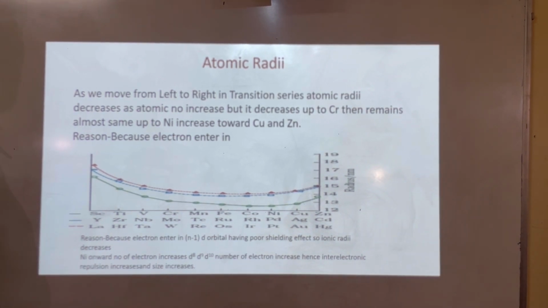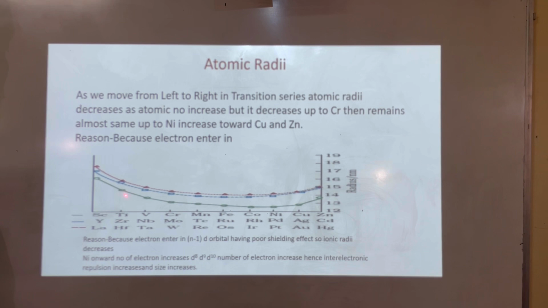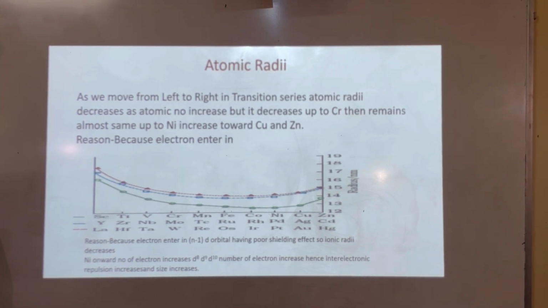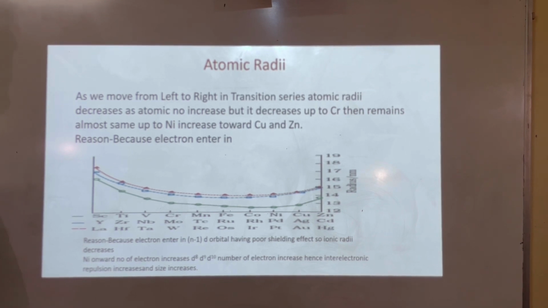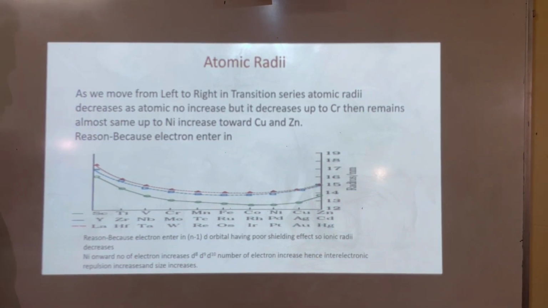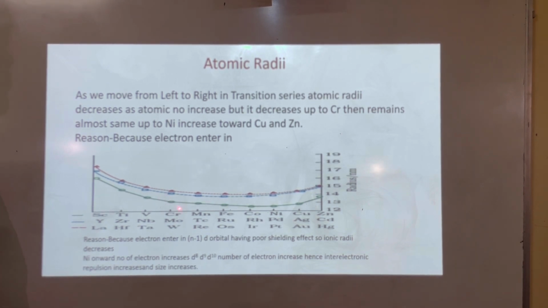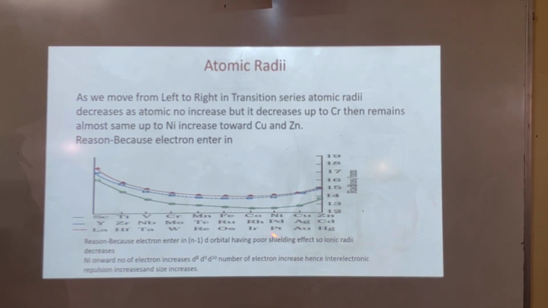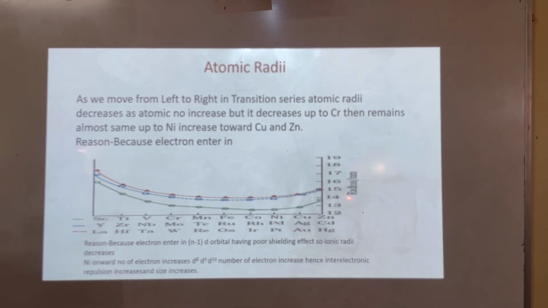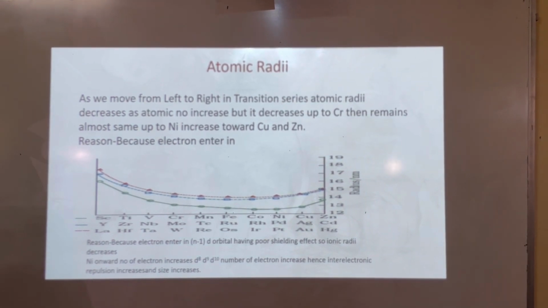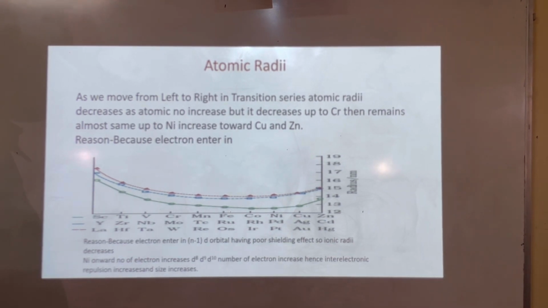When we move from scandium to titanium, vanadium and chromium, electrons enter the n-1 d orbital, having number up to d4, and they have a poor shielding effect. So the valence electrons are strongly attracted toward the nucleus and the ionic radii decreases.